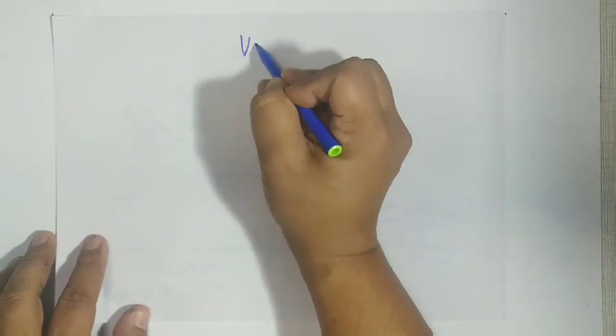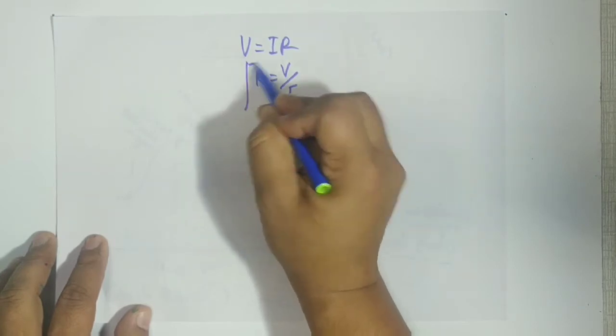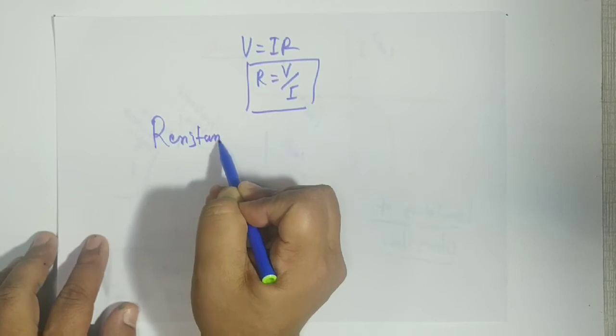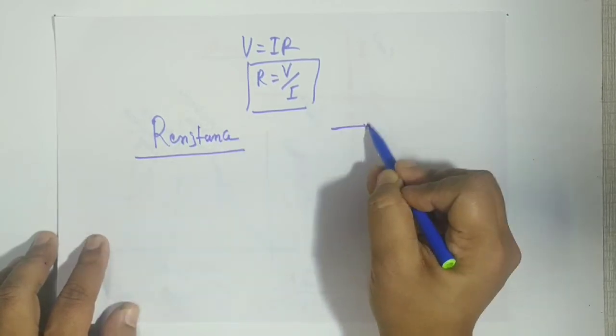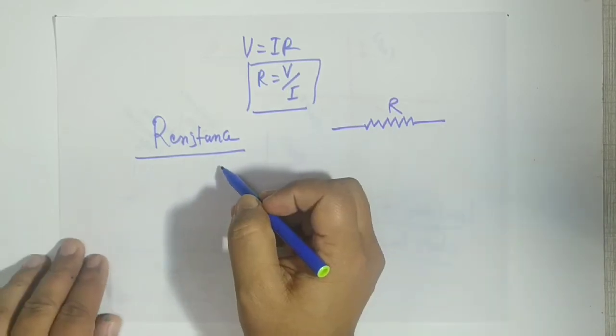Okay, now there is a very important word. When we say Ohm's law, V is equal to what? IR. What is R? It is V by I. Then comes the word resistance. All of you know a resistance is represented like this. This is the symbol. Now what is resistance?